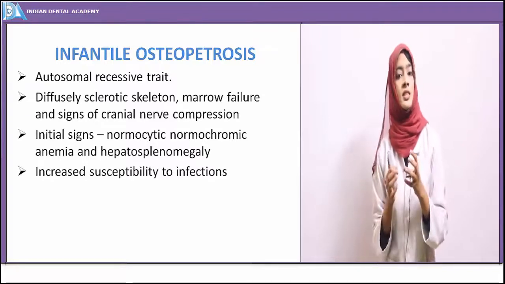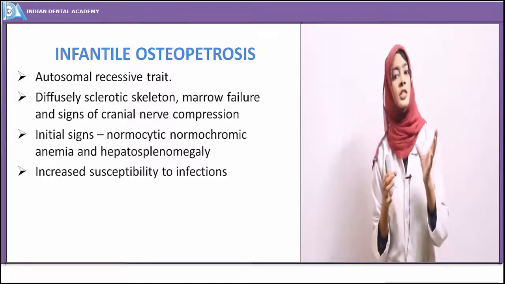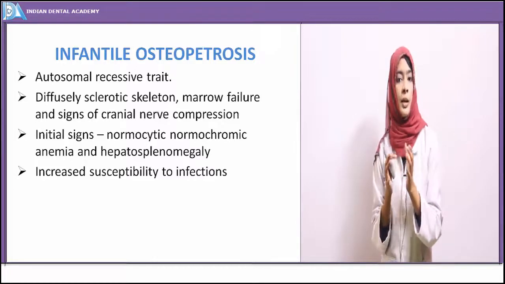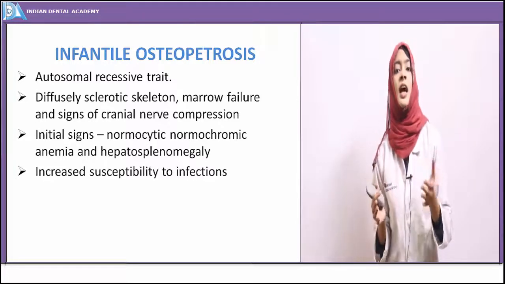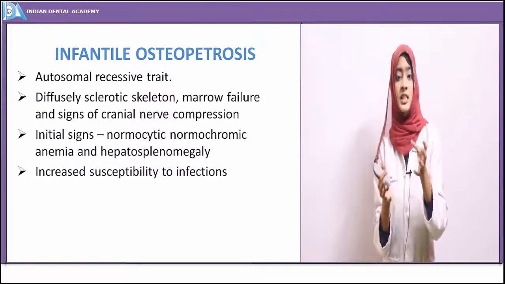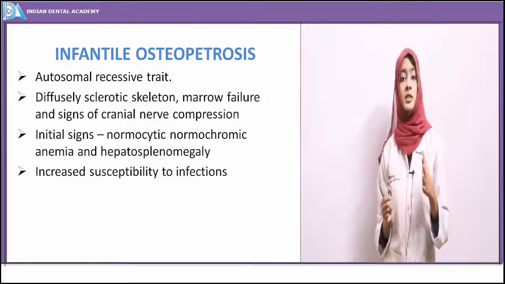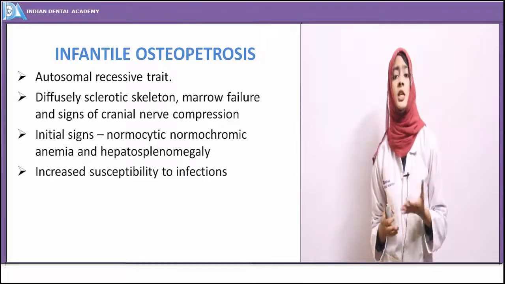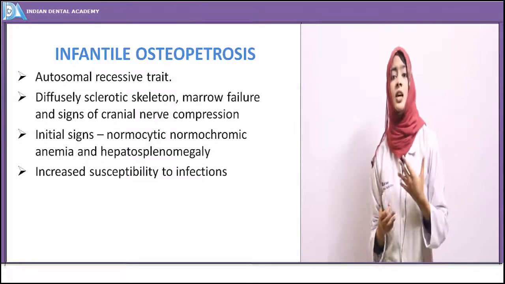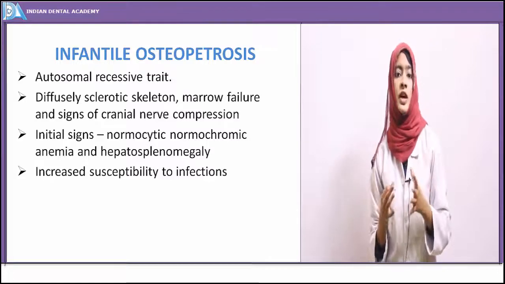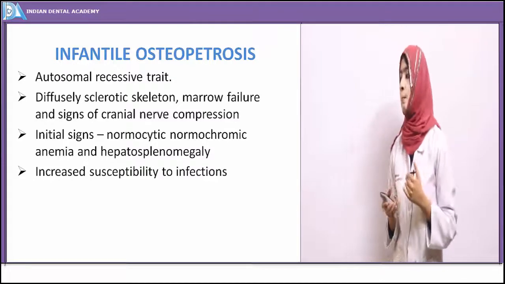Here there is failure of resorption, so the foramina don't widen, and cranial nerve compression is seen, leading to a variety of symptoms like proptosis and hydrocephalus. All signs of cranial nerve dysfunction may be seen.